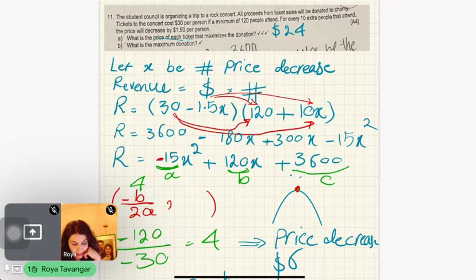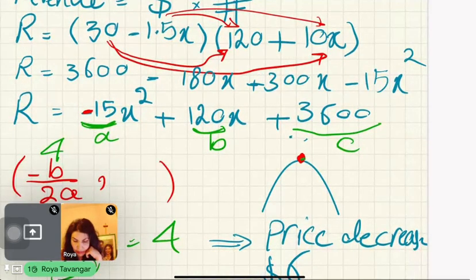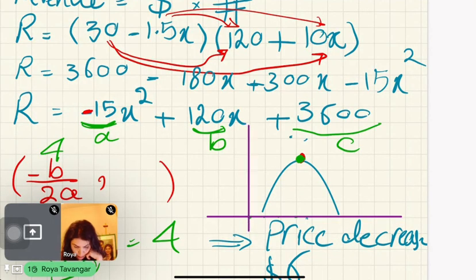And what is the maximum donation? Look at here, if we put x and y, we know that this point is the maximum. 1, 2, 3, 4. The graph is going to be like here.